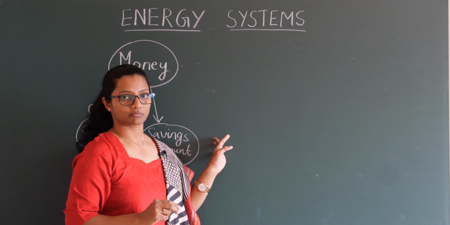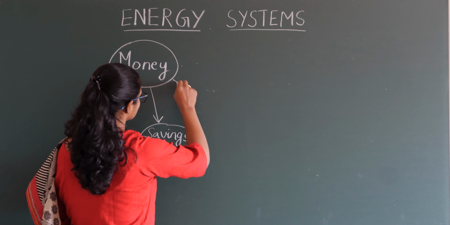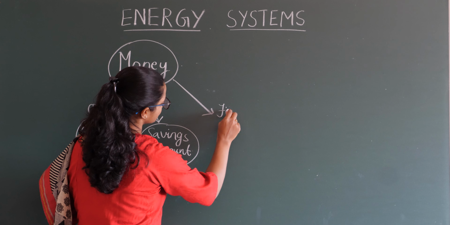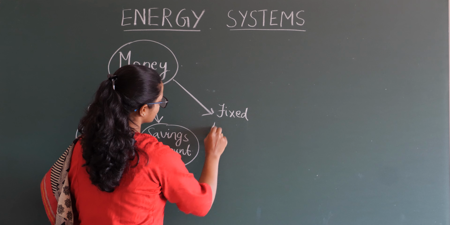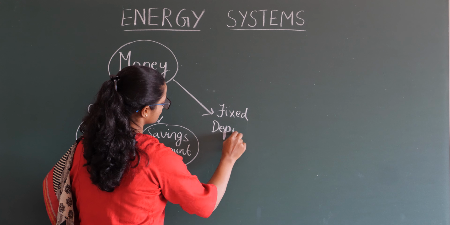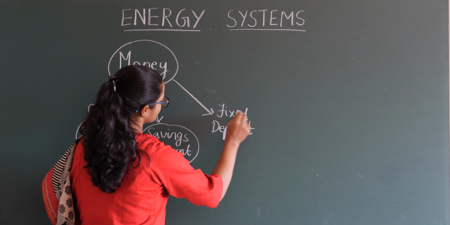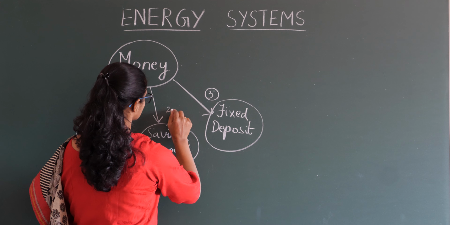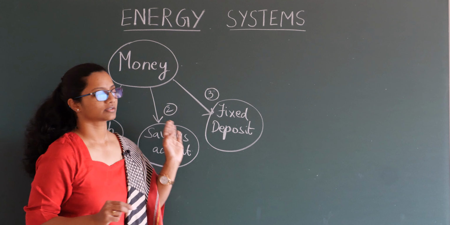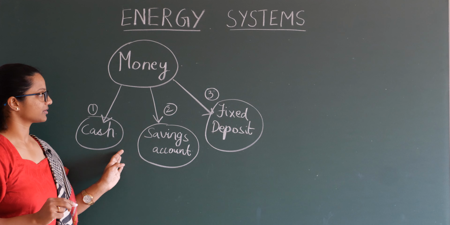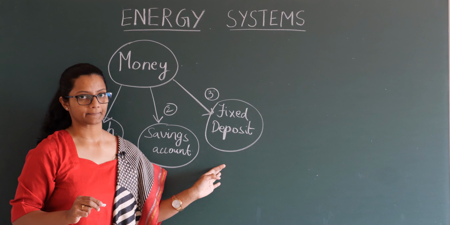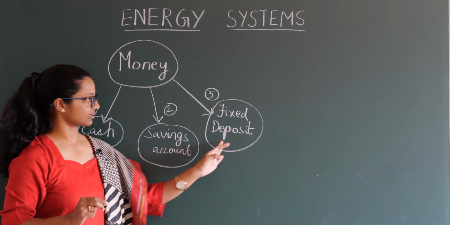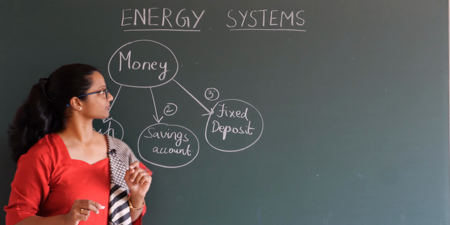And he has it in the form of a fixed deposit. So these are his different forms of money: cash, a savings account and a fixed deposit.